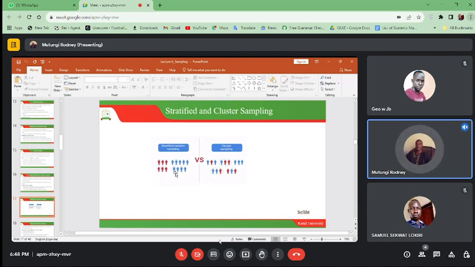You also go here, you collect these so that you can have that representativeness. While in cluster, you have your clusters naturally occurring, and then you pick either this and this, and then you include all of them in your sample, okay? So that is the difference between stratified and cluster.